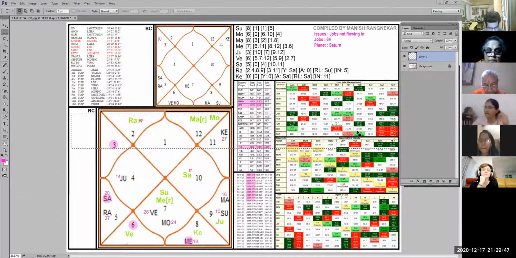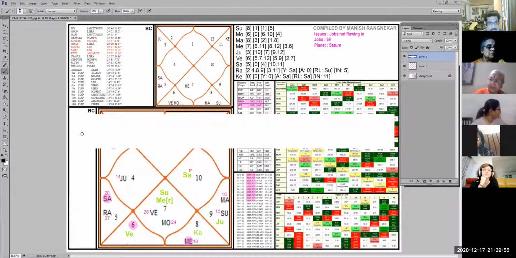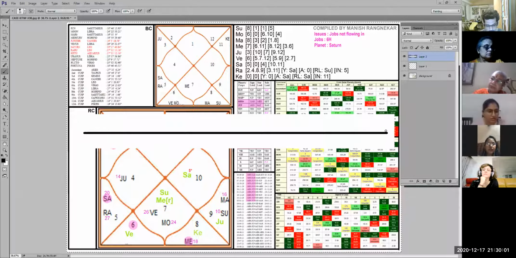So make one basic line here. Just make one straight line. And make 1, 2, 3, 4, 5, 6, 7, 8. Make around 8 lines vertical like this.